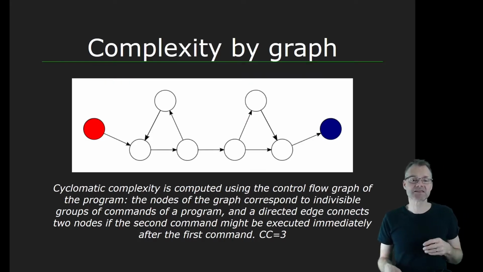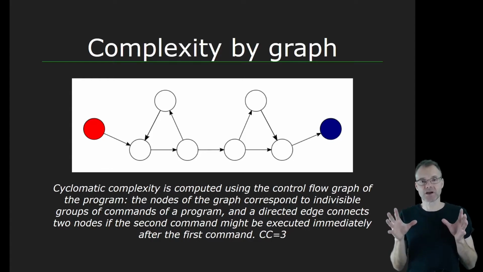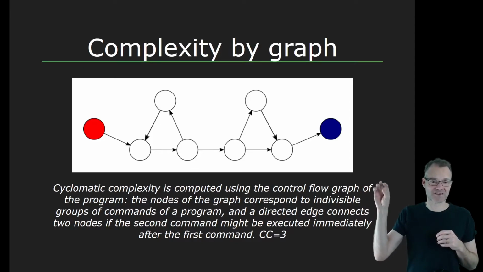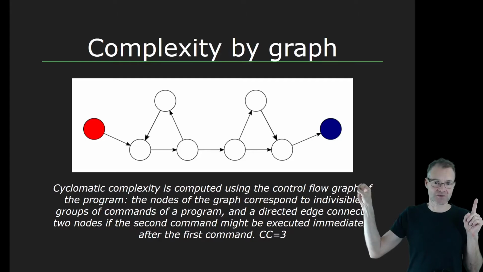When we calculate this cyclomatic complexity, we are actually viewing our code as a graph. This is a directed graph representing the code we have written. It's starting there at the red dot. So we go from the red dot, and that's a cyclomatic complexity of 1. Then we come to another white dot, not a problem. Then we come to the second white dot. And there we have a decision point. We can go left or right.